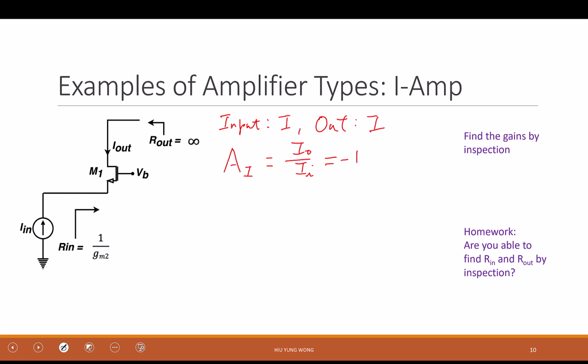How about this? The input impedance is what? What is the input impedance? Low, 1 over gm2, right? How about the output impedance? ro.